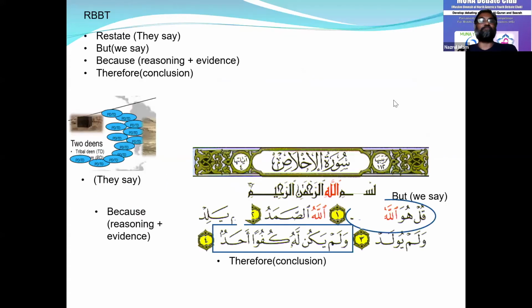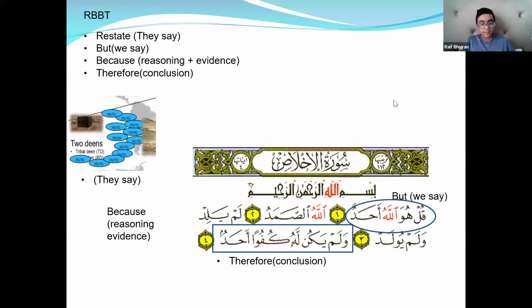Here is the point. Okay, let me give you one example of ARE first, and then I'll go for the RBBT. So, Raif, tell me, what is the ARE? Assertion, reasoning, and evidence. Very good. So, if you take an example of Surah Al-Fatiha, you'll see these three things are there. Should I tell you how?